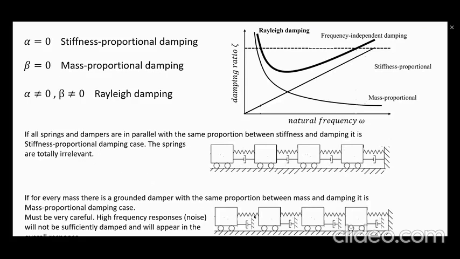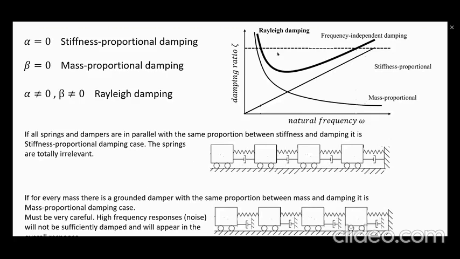And for the other one, where parallel to every spring there is a damper which is grounded, then we have a mass proportional damping, okay? So this is a mass proportional damping case. This is a stiffness proportional damping case. But remember, you also need the ratios to be the same. This number over that number, they must all be the same.